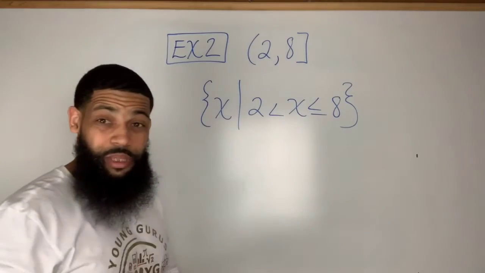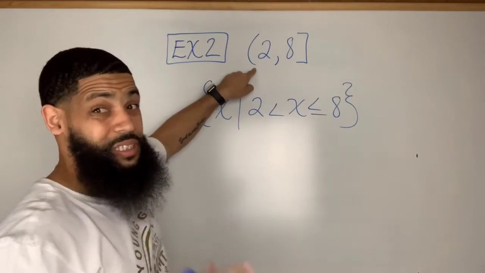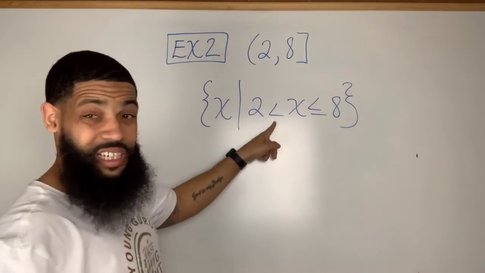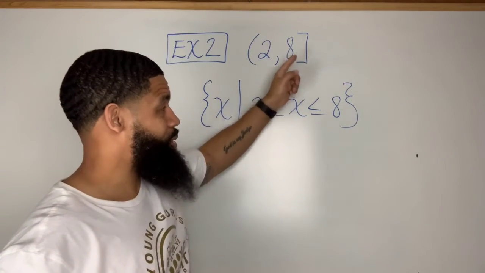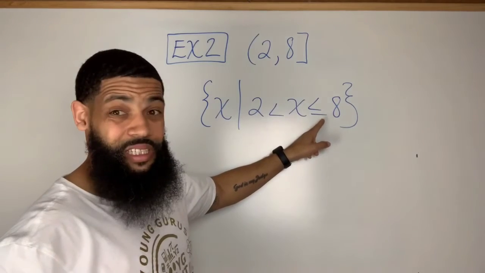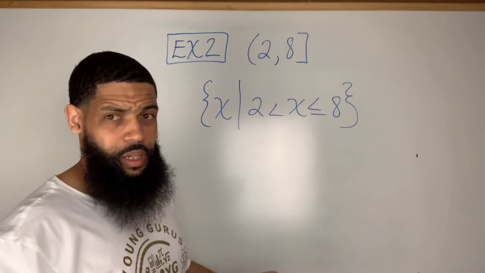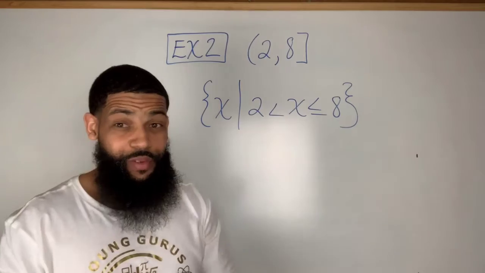What does this mean? Remember, here the 2 is not included in my solution, so it's just less than. Here the 8 is a closed interval, so it is included in my solution. So it's less than or equal to. Very, very important.